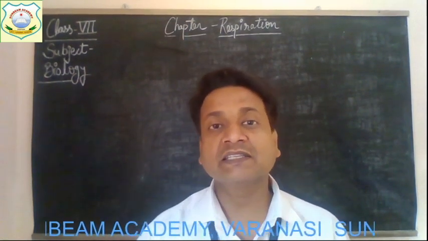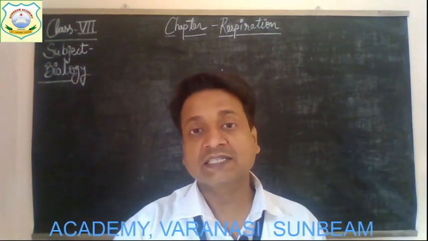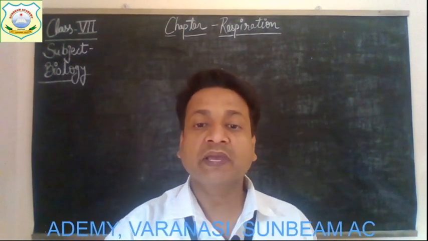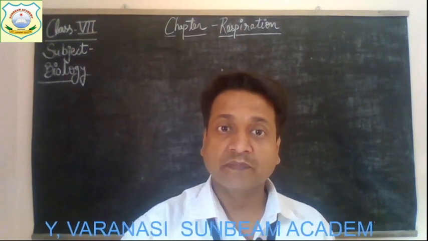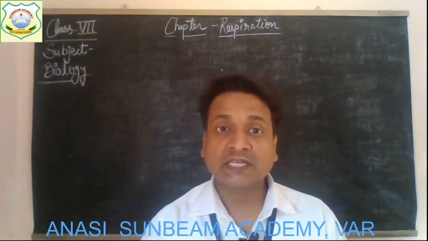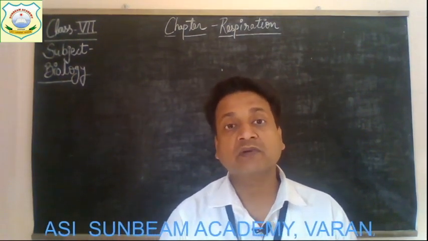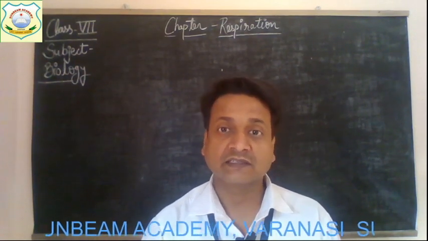Children, we are discussing the chapter respiration. In the previous class, I explained the topic respiration in plants. As you know, the stomata present on the lower surface of the leaf are mostly responsible for exchange of gases.